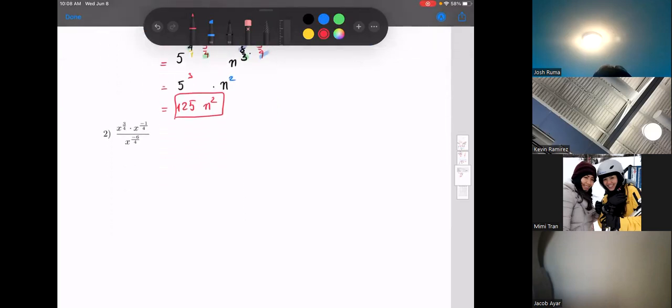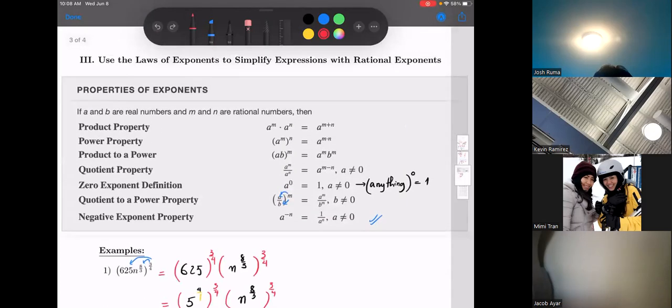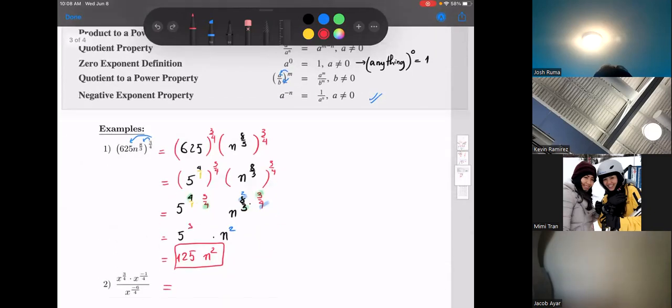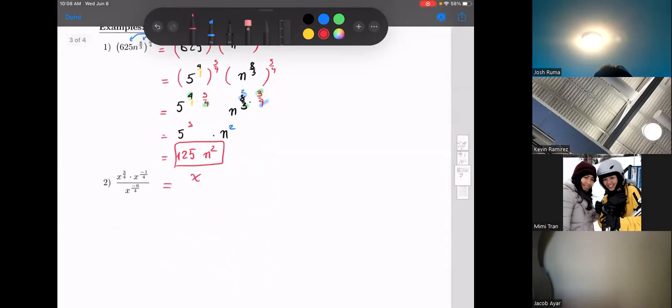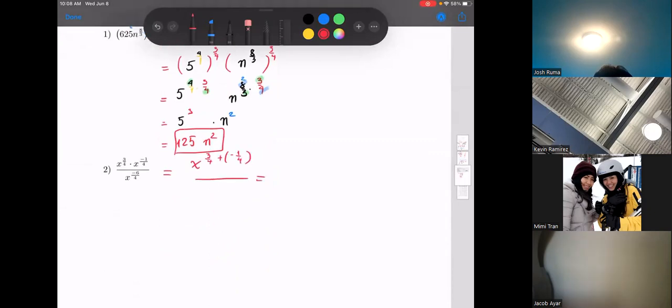Let me do number 2 just real quick for you, so you can do your homework. If I was you, I would take care of the top first, and then take care of the quotient. Why? Because they have the same base, right? If they have the same base, do I add? Do I multiply? What do I do with the exponent? Go back up. If I have the same base, product property: I add the exponents and keep the base. So keep x, and I add 3/4 to negative 1/4. Again, I'm doing the top here.